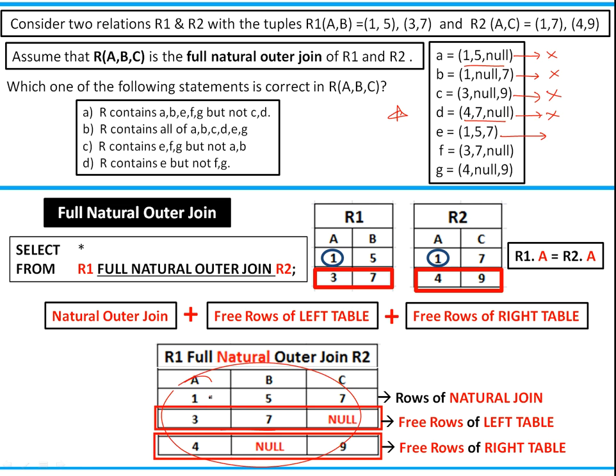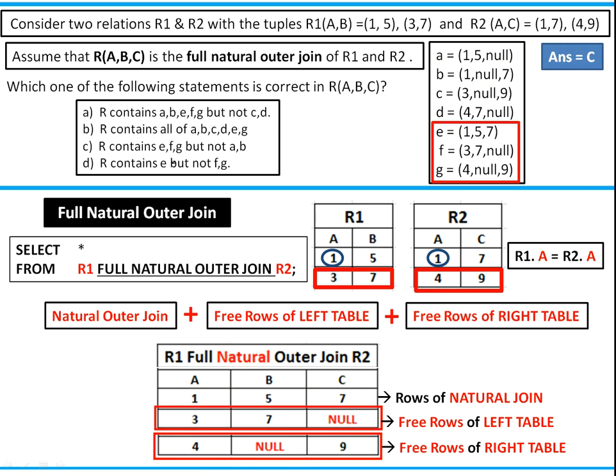Do you have 3, 7, null? Yes, I got it. 4, null, 9, yes, I got it. That means only these 3 records exist. This entire A, B, C, D are not available in the final set. That is the question they have asked. So only E, F, G. R contains E, F, G but not A, B, C, D.